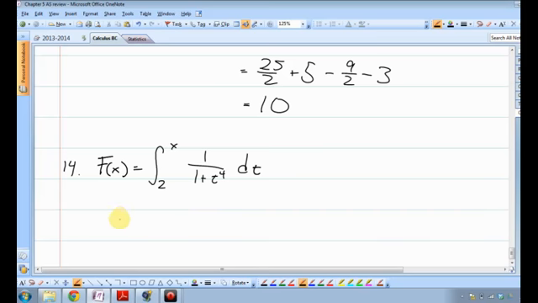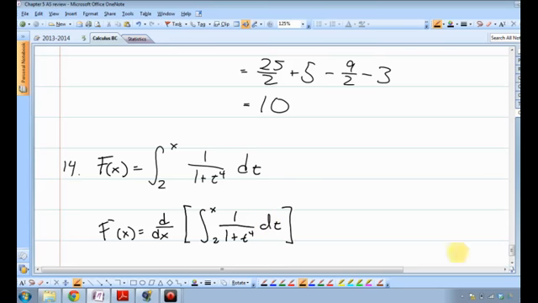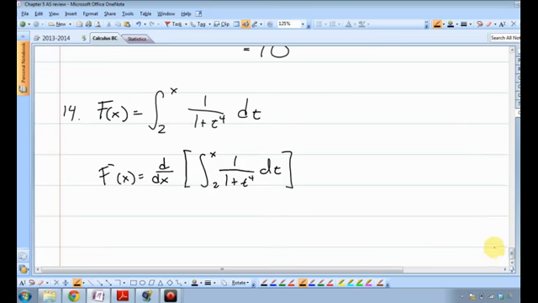So f prime is equal to d/dx, and I'm going to do this very explicitly.